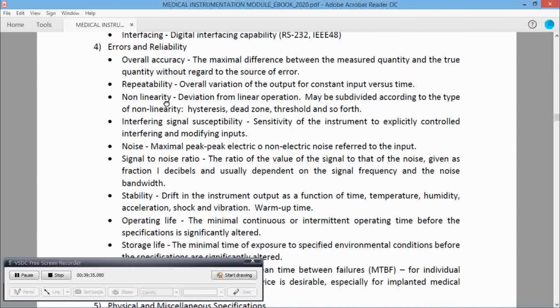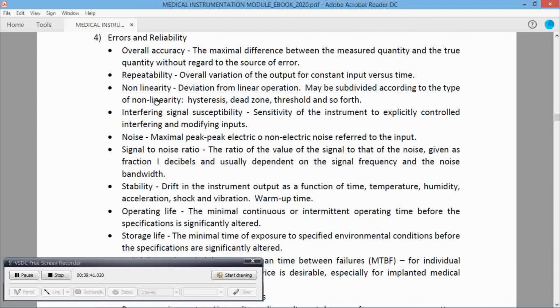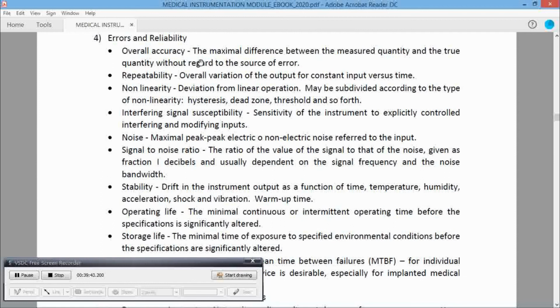And then errors and reliabilities. Overall accuracy, the maximal difference between measuring quantity and the true quantity without regard to the source of error. So these are all the issues that should be focused.